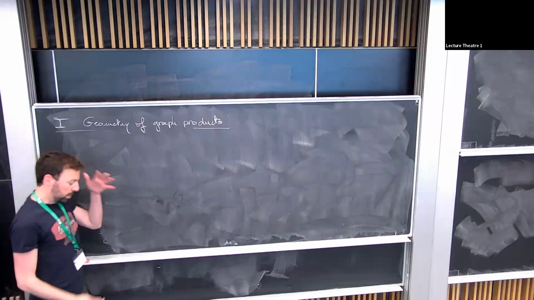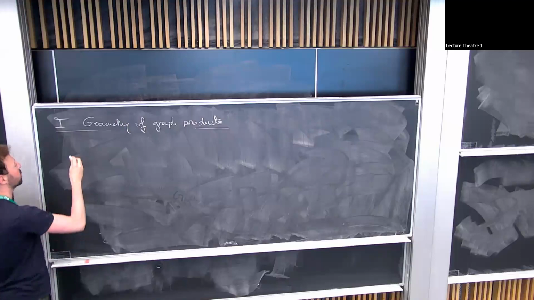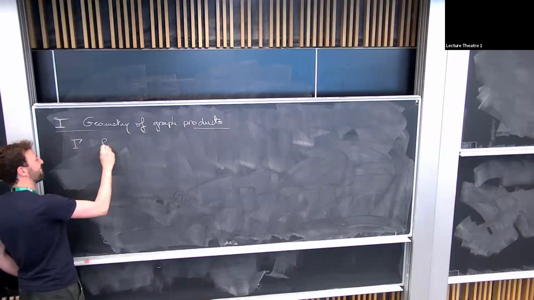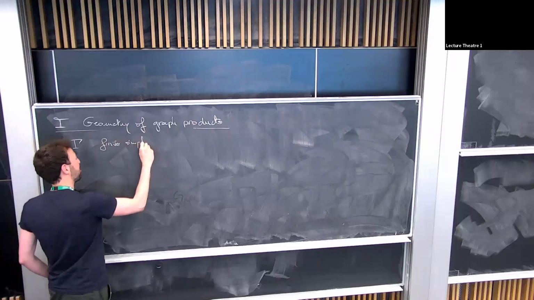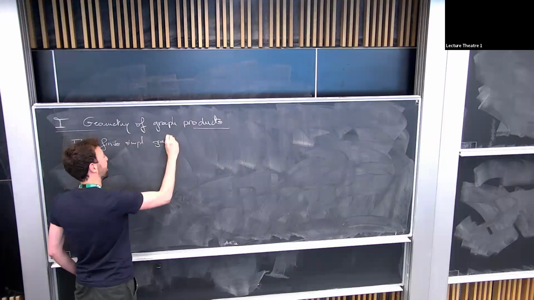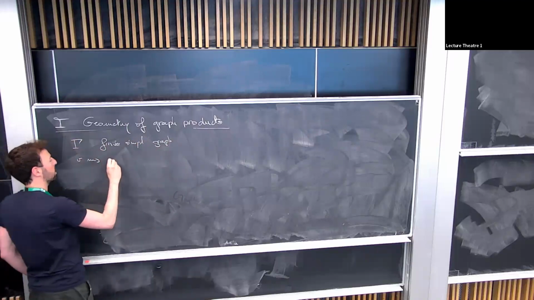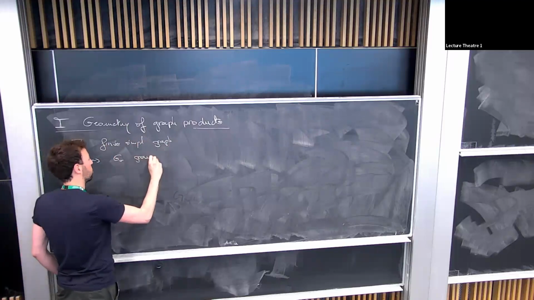So when we want to define a graph product of groups, let's start from a finite simplicial graph, and every vertex V has a group G_V associated to it.